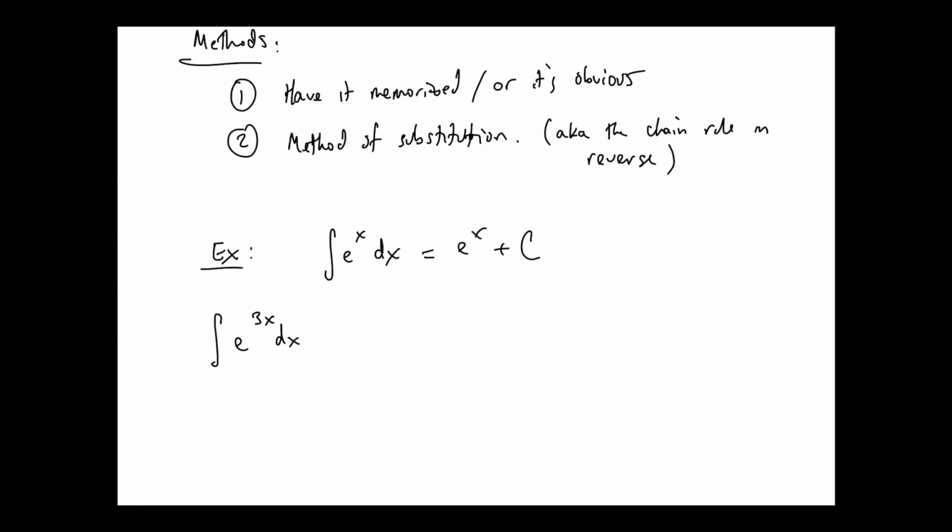Let's suppose, just for the moment, that we guessed e to the 3x, sort of by pattern matching from e to the x. Well, this is the thing about antiderivatives. How can you check whether or not your answer is correct, other than Edfinity says it's wrong or right, or you look in the book?